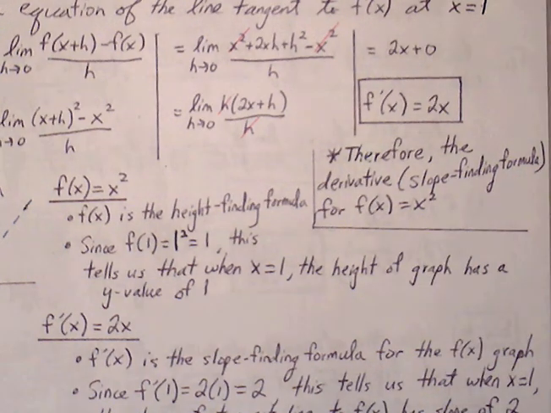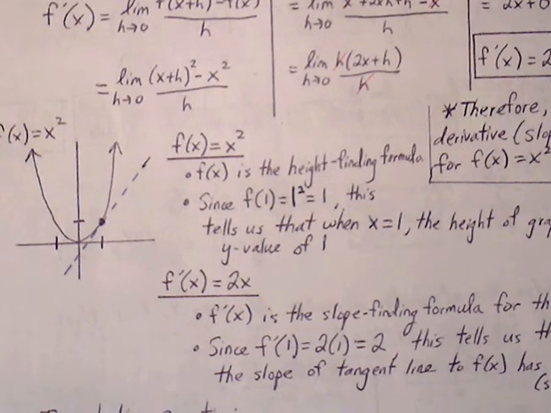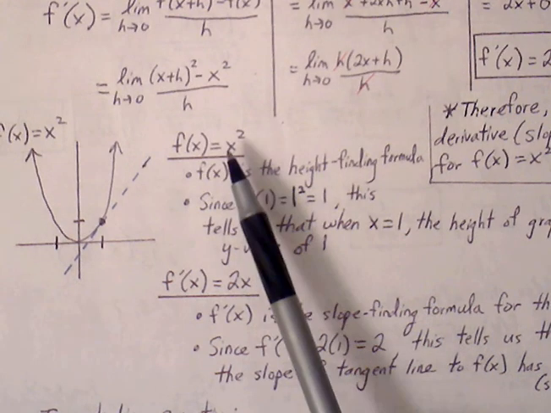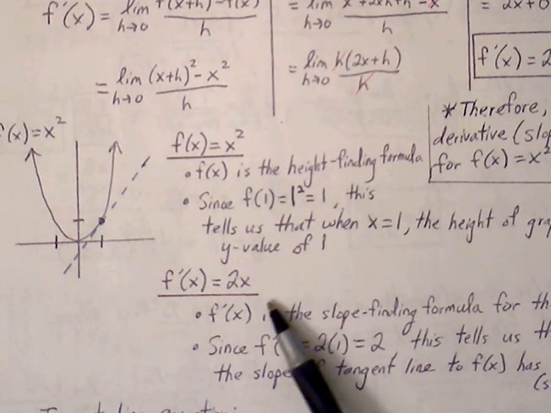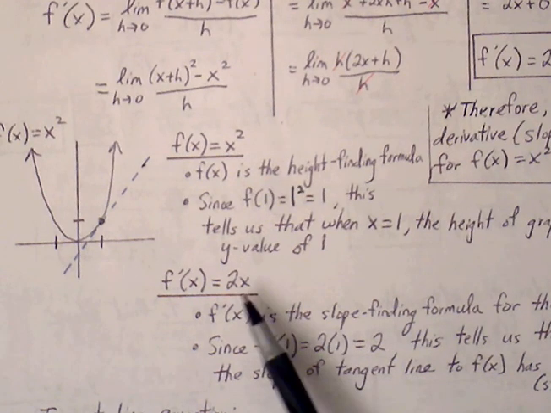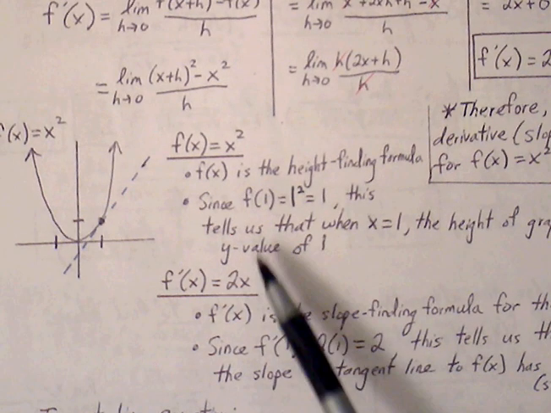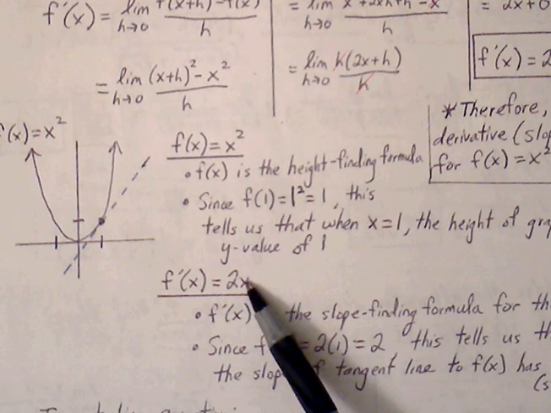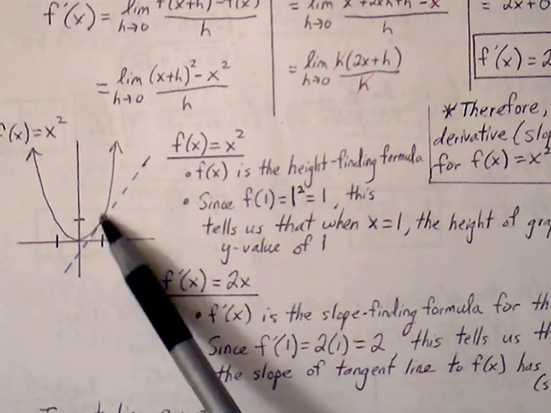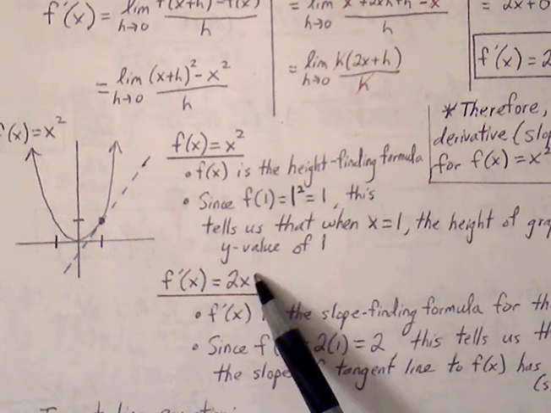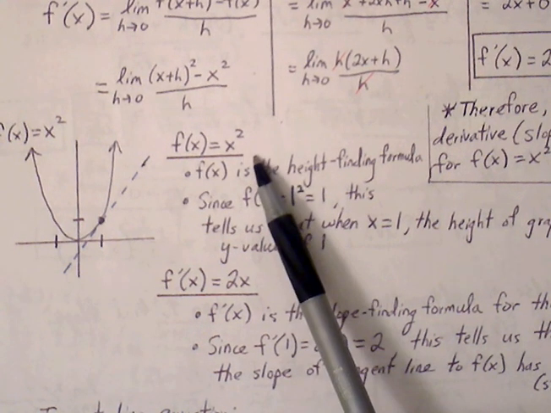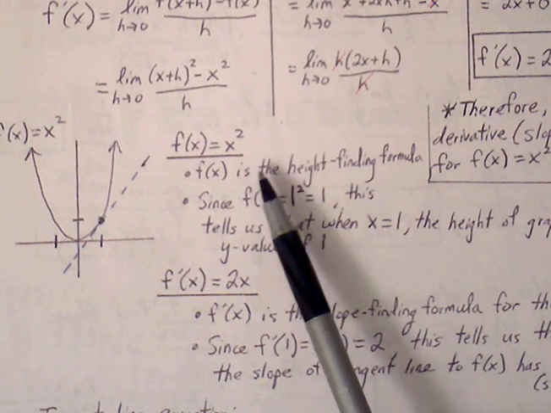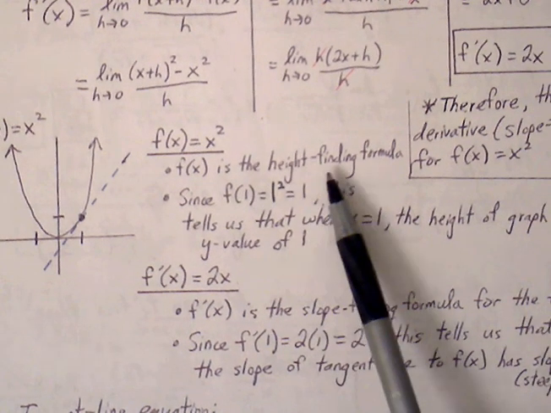Okay, so let's talk about the difference between the original function and the derivative function. They both provide us information about this curve, y equals x squared, but they provide different sets of information. The f of x equals x squared is simply a height finding formula, or you can think of it as a location finding formula.